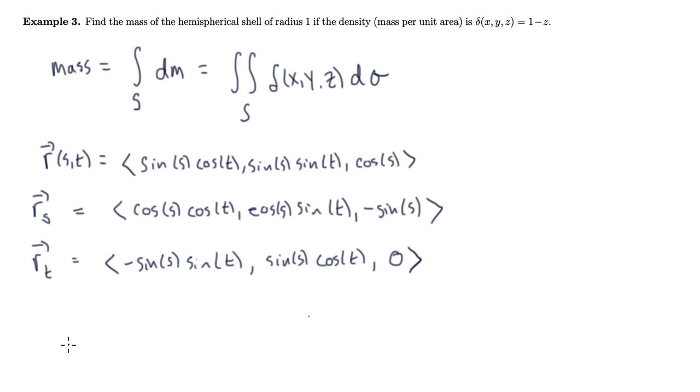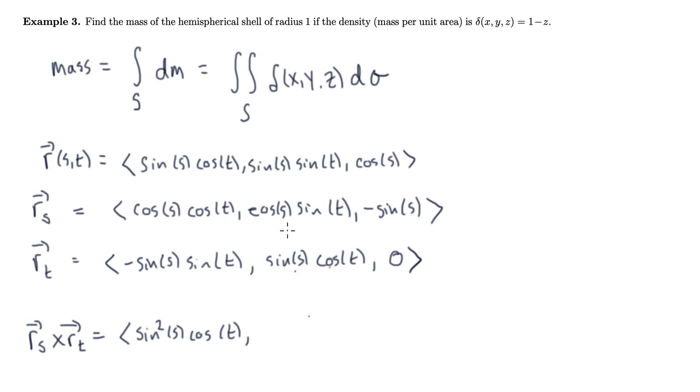All right, so what is the cross product? Well, let's see. Let's find the cross product first. So RS cross RT. So we'll ignore these first and we'll do this minus this times this. And so that's going to be sine squared S cosine t.